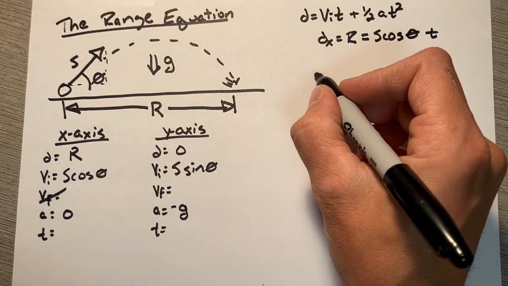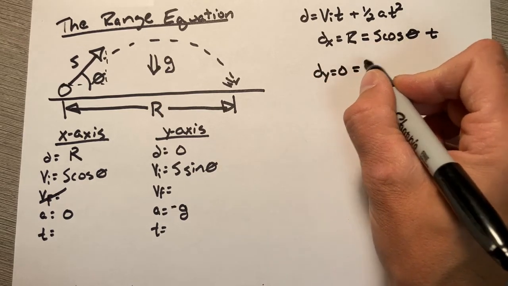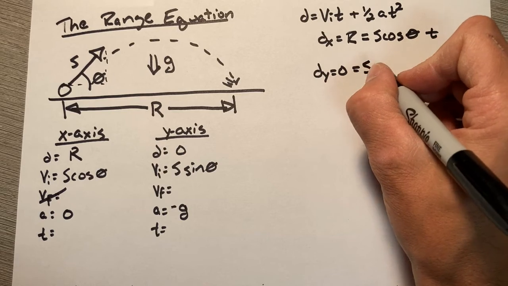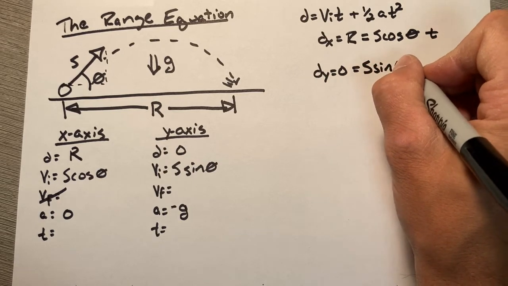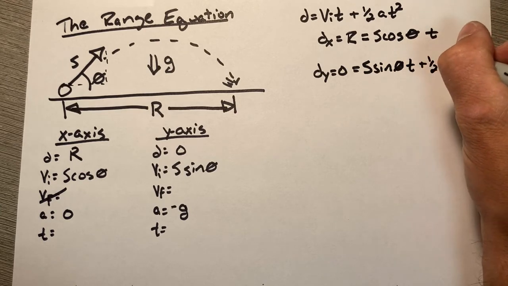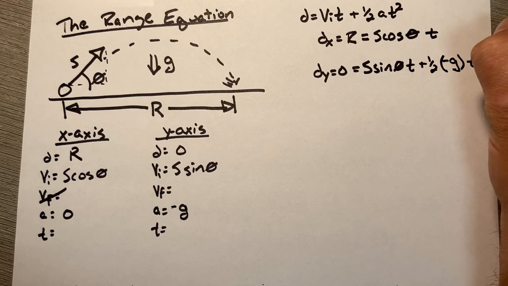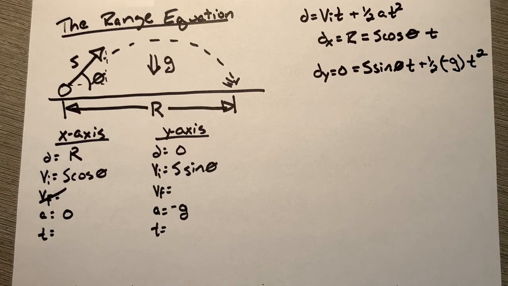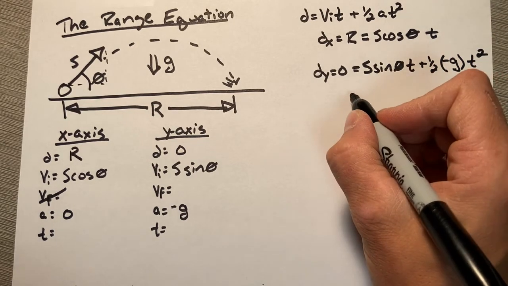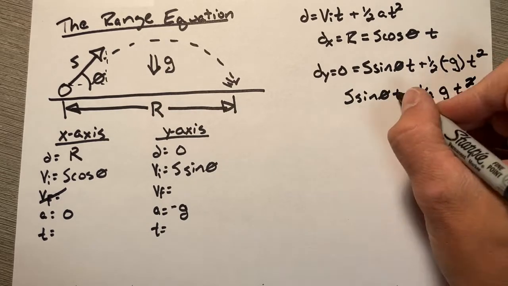There is no acceleration, so we don't need to write in that term. Within the y-axis, we know the initial velocity is s sine theta, and we're going to add in 1/2 the acceleration, which is negative g, times our time squared. We'll do a little bit of math to clean up this term.